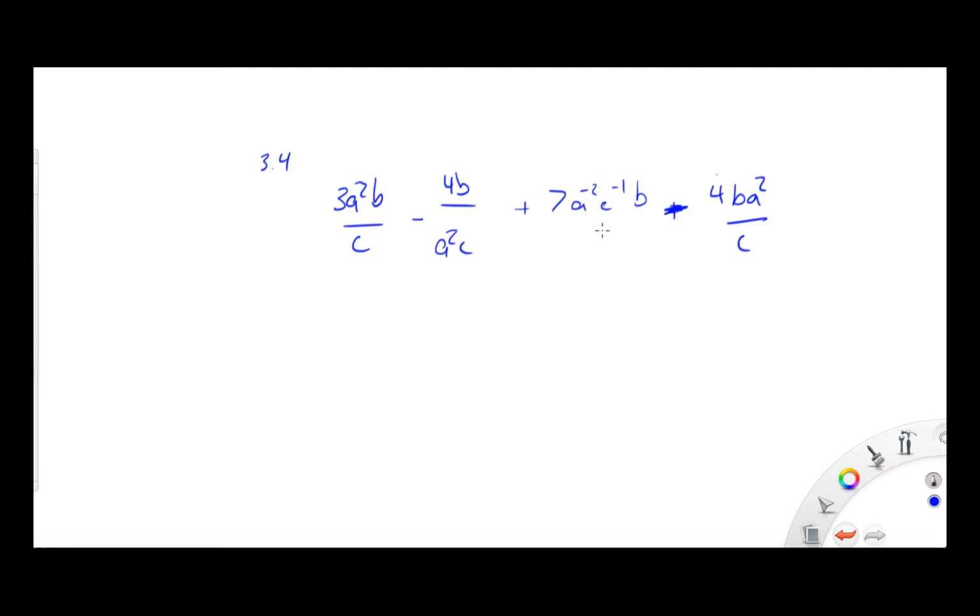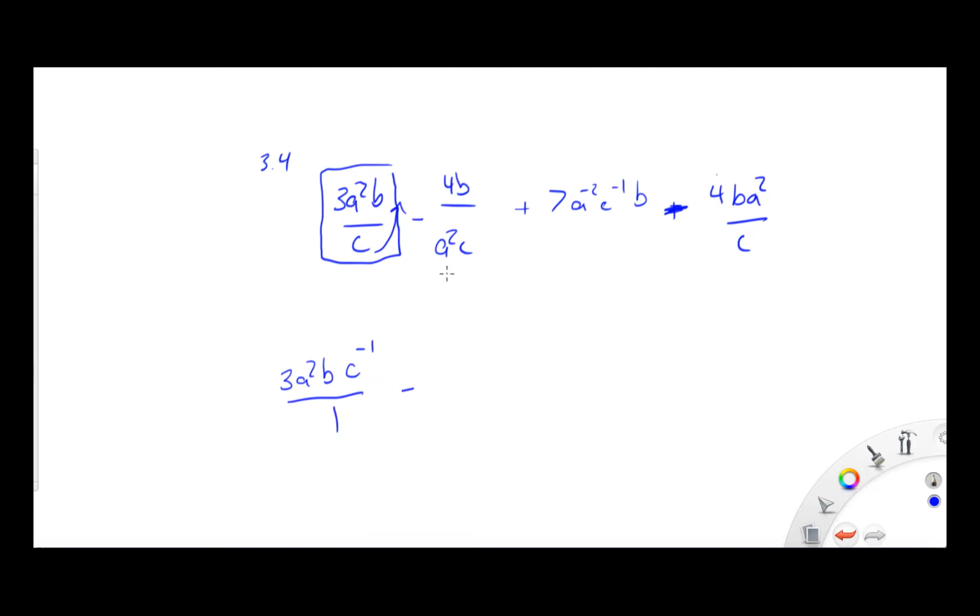Well, first of all, we want to make all the exponents positive, okay? So how do we do that? Or else we could put them all up on the numerator, okay? So let's just work on this one right here and put it all up on the numerator and see if we can cancel that out, okay? So we would do this by saying 3a squared b, that stays on top, but when we move this c up here, it becomes a negative 1, and that's all over 1, okay?